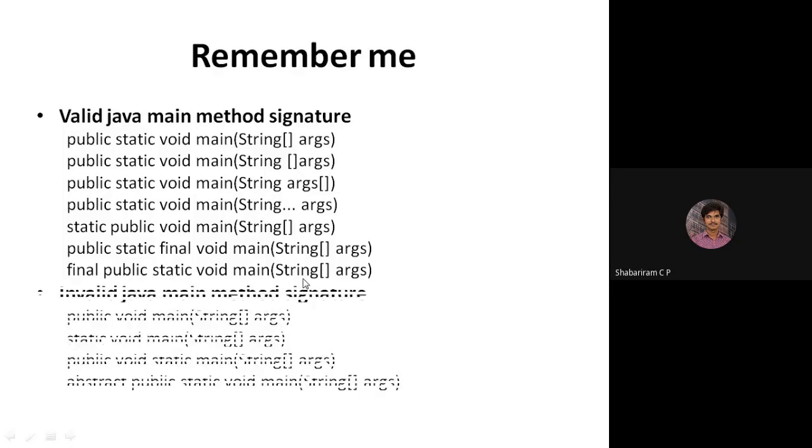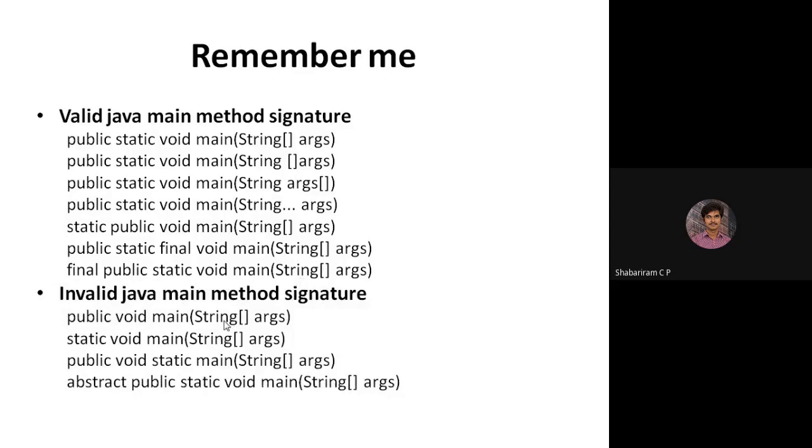So please remember the invalid Java main method signatures. If you are excluding the static keyword, it means that the main method is not a static method. Why is it invalid? The JVM needs an object to invoke the method main. So the first representation is not feasible. Okay, if you are removing public, the function will be like static void main.